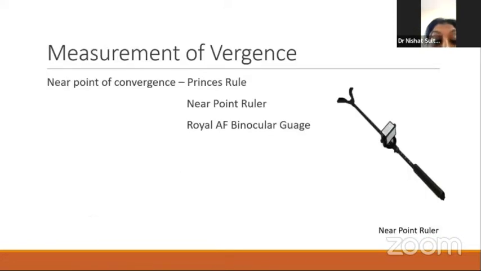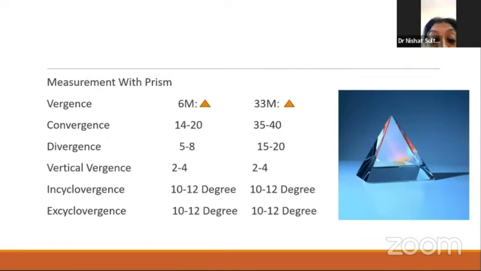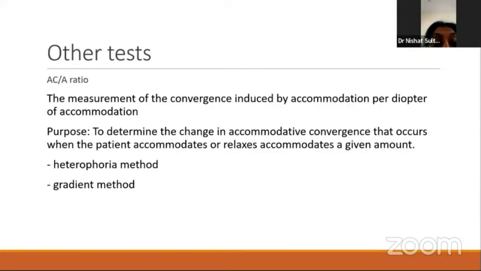So especially in cases of esotropia, you may need to measure the vergences, for which near point of convergence, we use the near point ruler or the RAF guide. This is the normal range of vergences that you can actually measure, and it may be important in some cases of exotropia or esotropia.